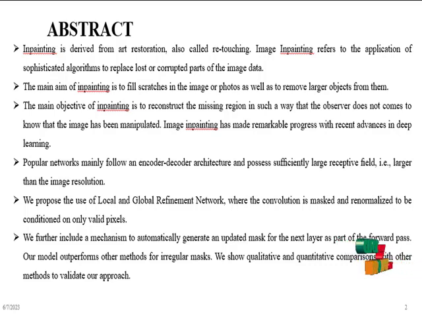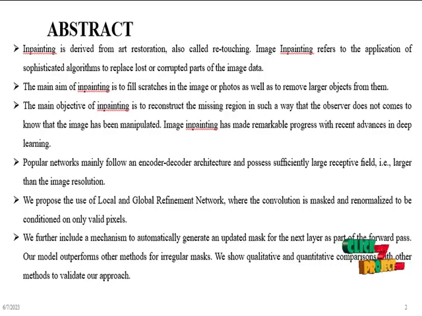Image inpainting has made remarkable progress with recent advances in deep learning. Popular networks mainly follow the encoder-decoder architecture and possess a sufficiently large receptive field that is larger than the image resolution. We propose the use of a local and global refinement network where the convolution is masked and renormalized to be conditioned on only valid pixels.